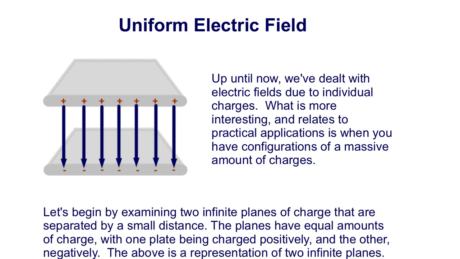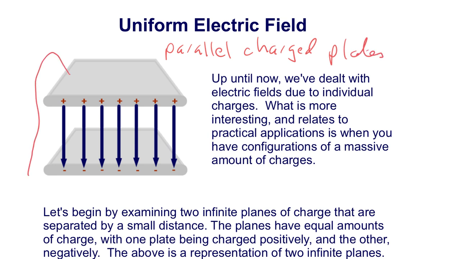We have two parallel plates, charged plates, and we hook up a battery, okay? In fact, this is a battery. A battery consists of two terminals, a plus and a minus, and they're connected to two parallel plates.